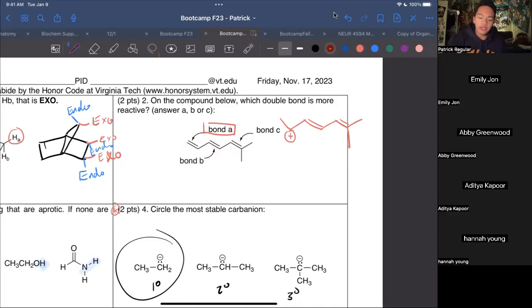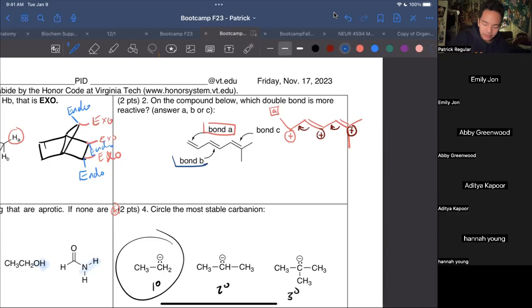If you door hinged it over, the carbocation would form here. Door hinge it over, the carbocation would form here. If you are struggling with this topic, revisit resonance structures. Because first off, when you're dealing with conjugated alkenes, carbocations form on the inner carbons only. And with resonance structures, you have a door hinge maneuver that can move around that carbocation. So this is going to be A.